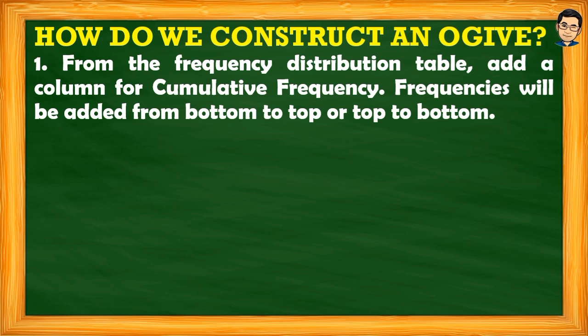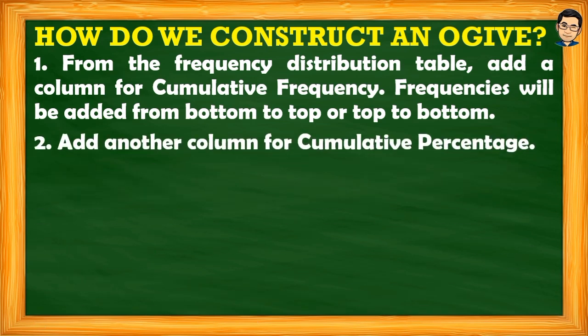So, frequencies will be added from bottom to top or top to bottom. So, kapag yung lowest class natin, halimbawa yung 9 to 15 is nasa baba, ang gagawin natin, mag-a-add tayo pataas. Pag naman yung 9 to 15 nasa itaas, ang gagawin natin, mag-a-add tayo from top to bottom.